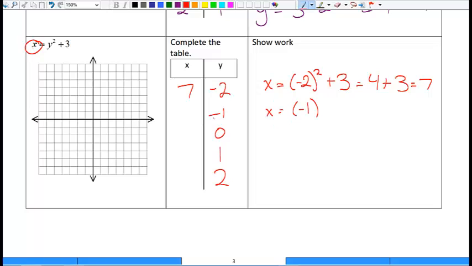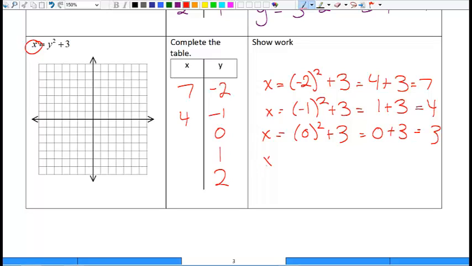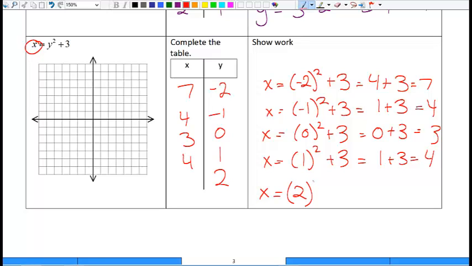So x is equal to y squared plus 3, which in the next case is -1 squared plus 3, which gets me a solution of 4. 0 squared plus 3, plugging 0 in for y. The next one I'm going to plug 1 in for y. And the last one I'm going to plug in 2 for y.